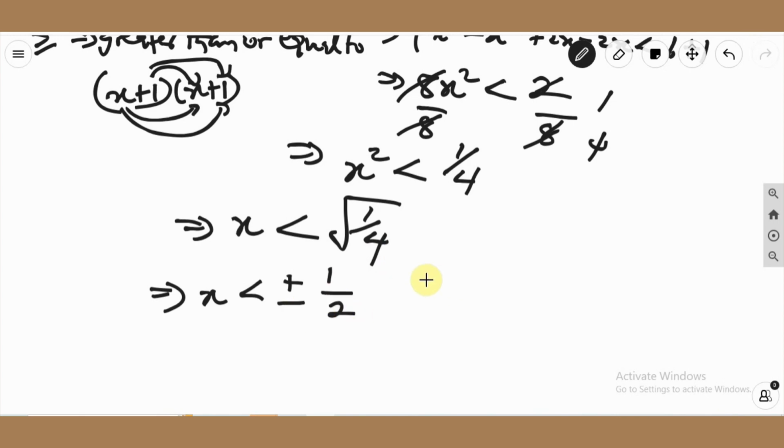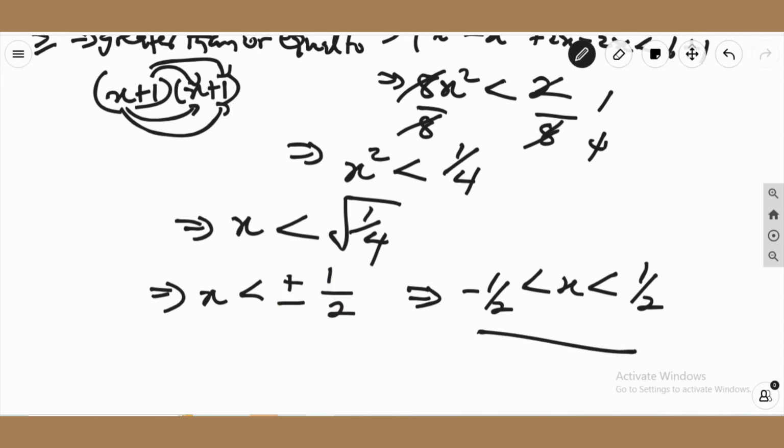So this answer can be represented like this: plus 1 over 2 or minus 1 over 2. So I'm going to write minus a half is less than x, and x is less than 1 over 2, because we have two values of x, the positive value and the negative value, that is plus 1 over 2 and minus 1 over 2. So this is the answer.